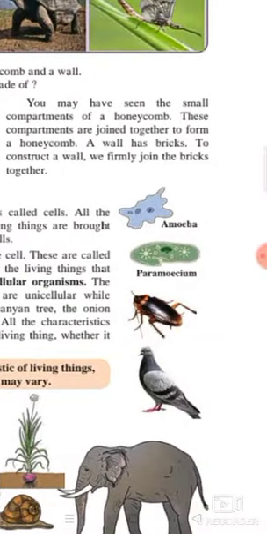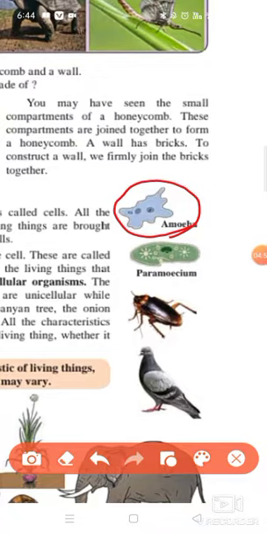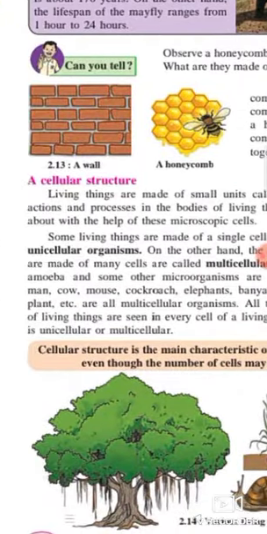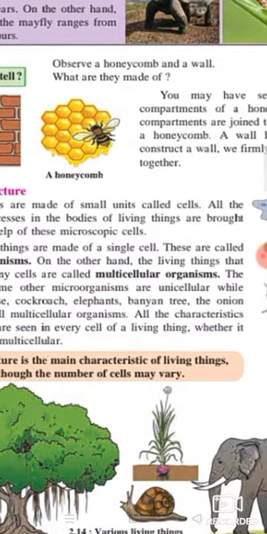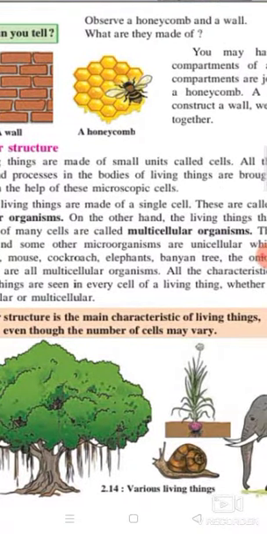Here I would like to show you. See, this is amoeba, then paramecium. These two living things are unicellular organisms, while cockroach, mouse, man, cow, elephants, banyan tree, onion plants are multicellular organisms.